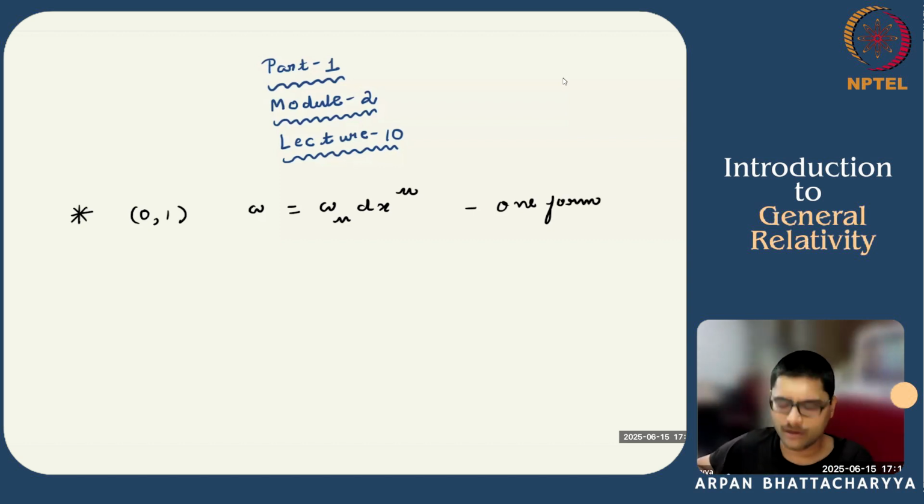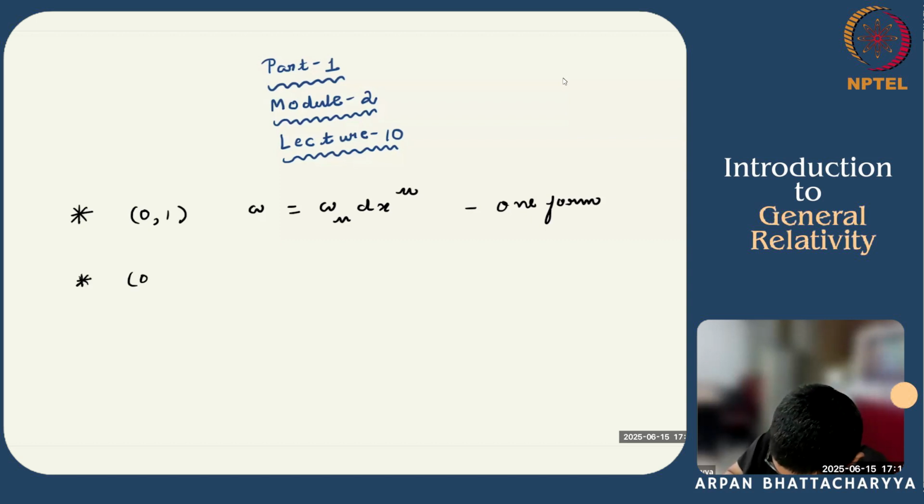Now let us consider an example of a (0,2) rank tensor, which is antisymmetric. So let's take the example of the Maxwell field strength.